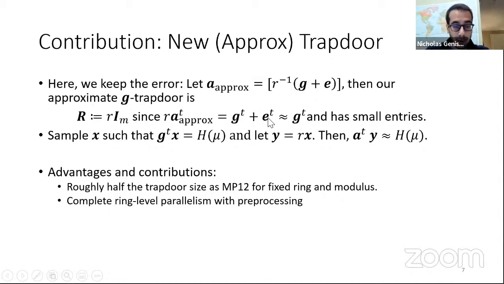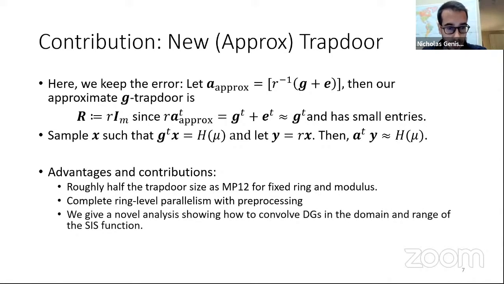So one of our contributions is a novel analysis that gives a way to do a perturbation in the domain and the range of the SIS function. And memory-wise, this is roughly half the size of the MP12 parameters for a fixed ring and modulus.